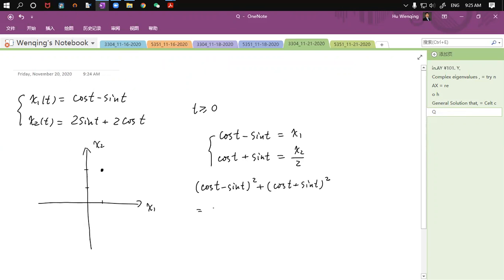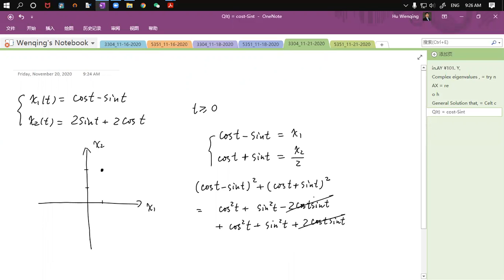This is going to give you 2 times cosine square of t plus 2 times sine square of t, minus 2 cosine t times sine t, plus 2 times cosine t multiplied by sine t.